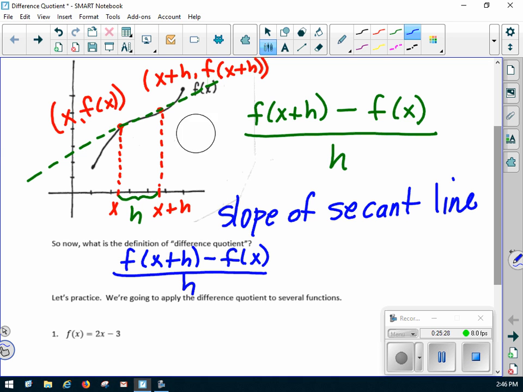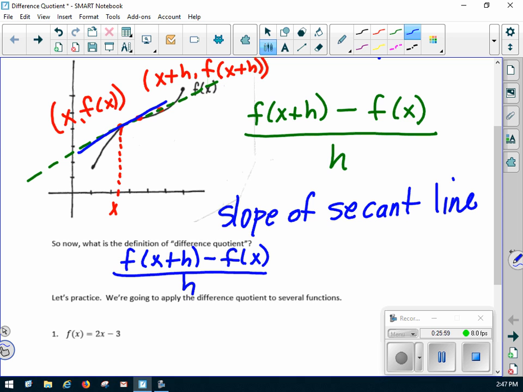What if I made h just be this big? Then your other point is going to be there, right? So the slope of my secant line is right there. Make sense?